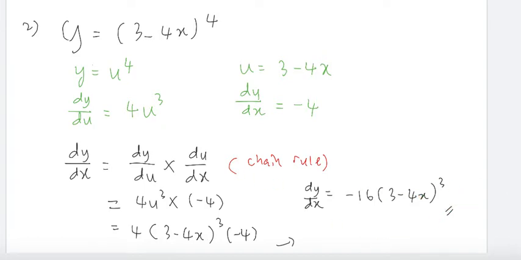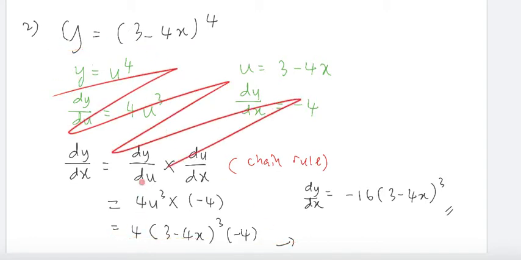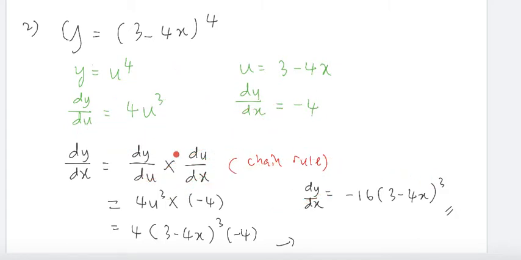And if I want, from here straight away, no need to do all this, you can also just use the fast way. How is the fast way? The 4 goes in front, inside copy back, 4 minus 1 is 3.